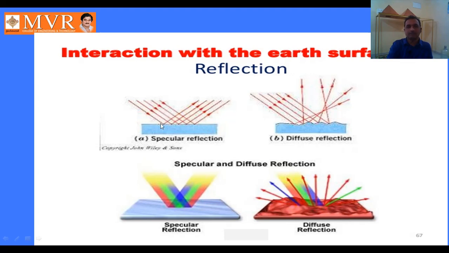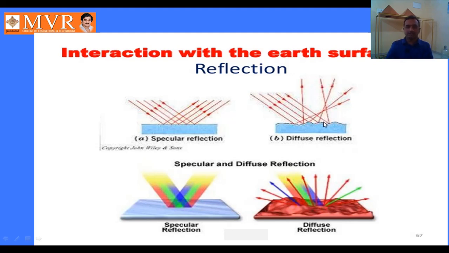The surface is always smooth in this case, like a water body or smooth roads. It gives a single reflection. Here, diffuse reflection. Diffuse reflection means the reflection goes in any direction, not only in a particular direction. Here you see, in a particular direction all radiation is reflected from the target, but here what happened?